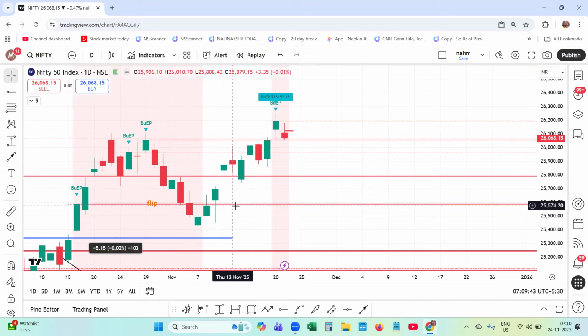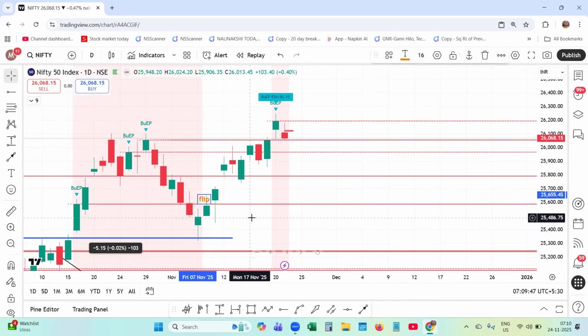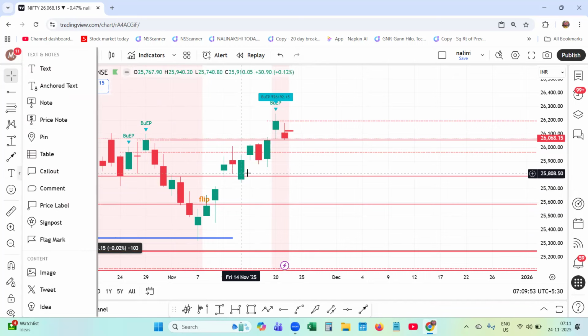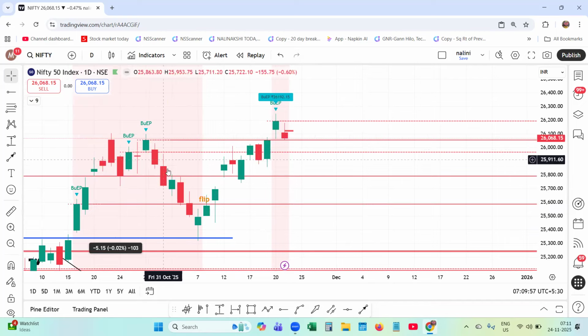It acted as the flip level. Flip level means support, and again this level acted as the support. This is another flip level. Support flipped to resistance, and again the market reclaimed this level and it acted as the support. Here, this is the flip level.